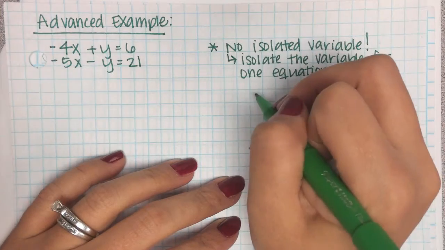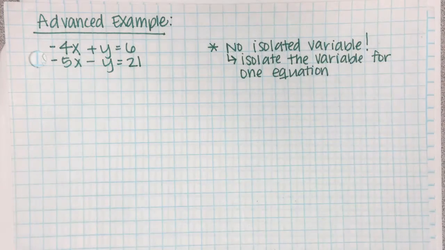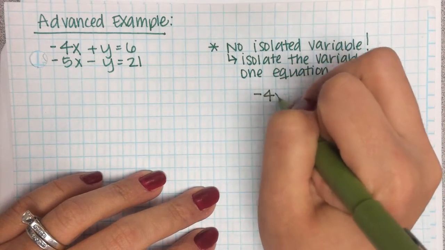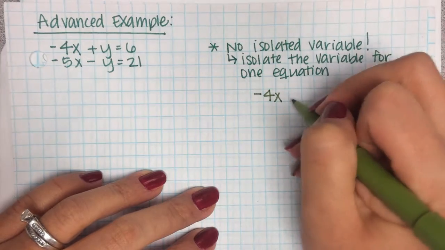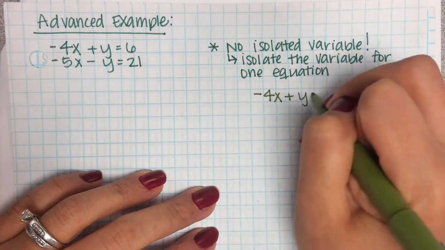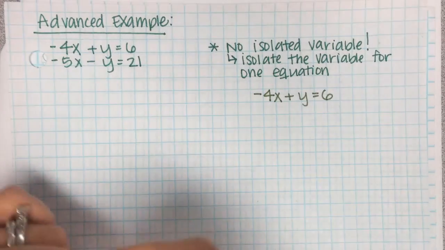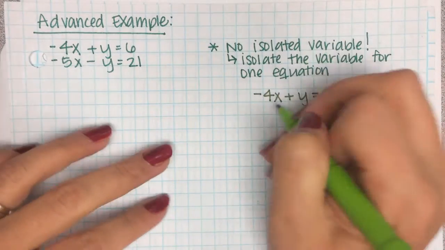So, let me get a different color for this. Stick with green, but different color. If I wanted to isolate the y in this equation, I would start by adding 4x to both sides.